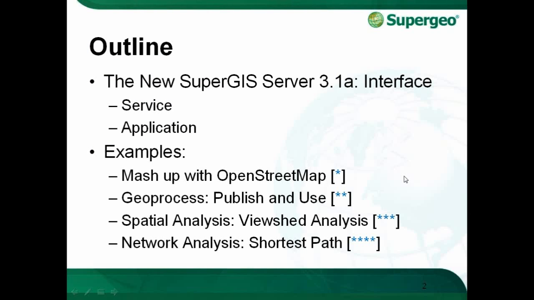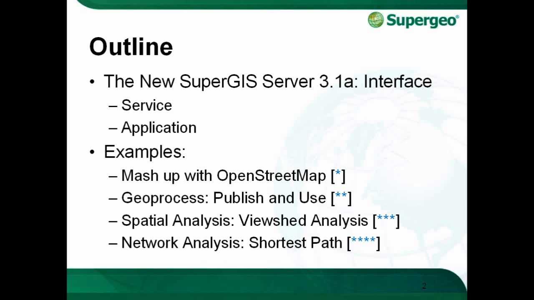Okay, this is the outline for today's webinar. Firstly, we will introduce the fully new interface of SuperGIS Server. We have two parts for publishing a map service and application. After that, here are 4 examples to demonstrate creating a website for a map service.